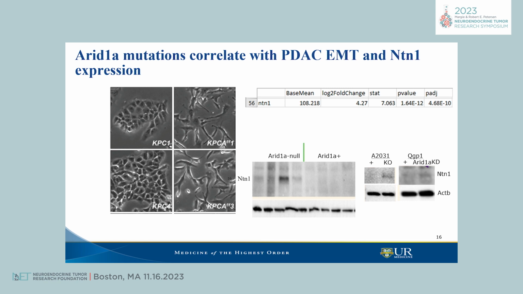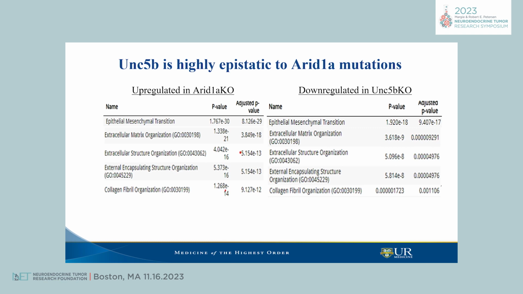And at the same time, they will turn on netrin. It's the number 56 change at the RNA-seq level. The protein goes up, and we can do single knockouts in different cell lines, like a neuroendocrine or an adenocarcinoma, and we can turn on netrin. So ARID1A is alone sufficient for this.